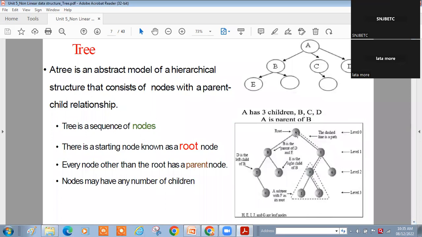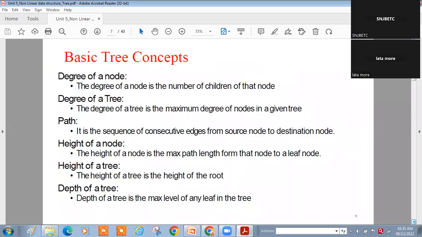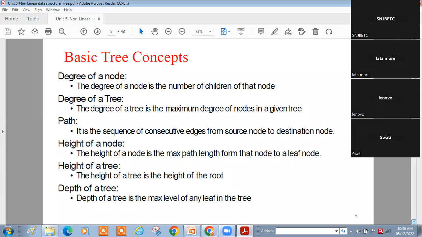So from root node A to C, C to F, and then F to J. This is the representation of a path for the tree. Now next is the height of a node. Height of a node is the maximum path length from that node to a leaf node.